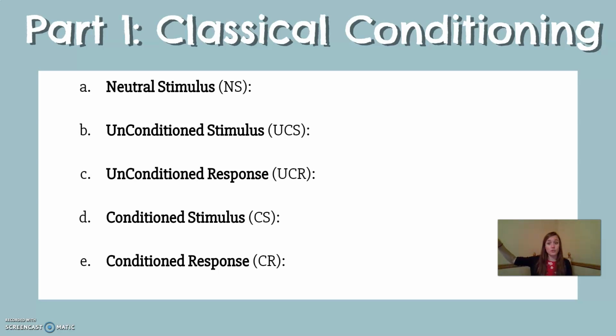The bell was once neutral, but when it was paired with the unconditioned stimulus, the food, enough times, bell, food, bell, food, it eventually becomes a conditioned stimulus, a stimulus that you've learned to have a reflexive response to. The conditioned response is the reflexive response that you are now having to that once neutral object, the conditioned stimulus. So salivating to the bell became the conditioned response.